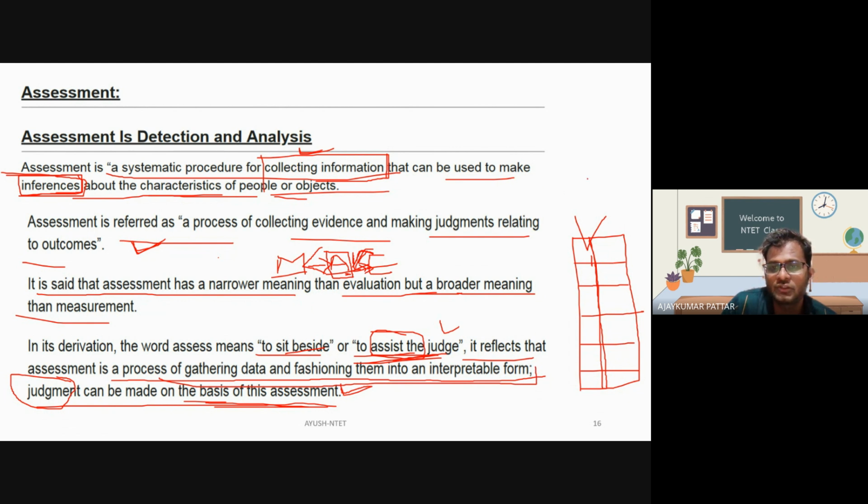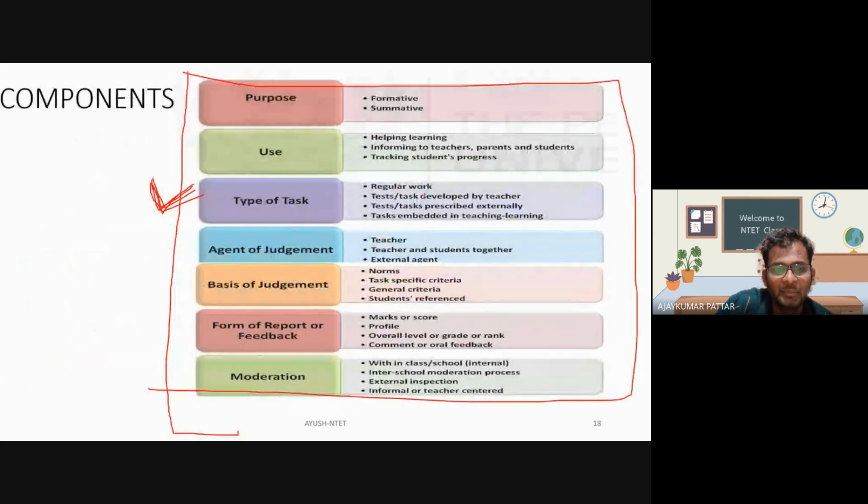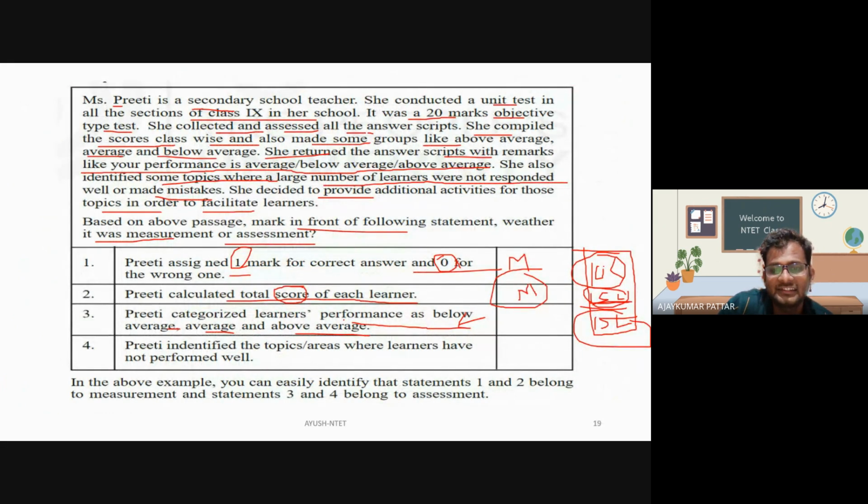If randomly 20 students have marks like 10, 12, 14, 15, 19, 18, 6, 13, she has arranged that data and interpreted that these people are below average, these are average, these are above average. Like that, the interpretation is done. So that is the assessment. She made the assessment.